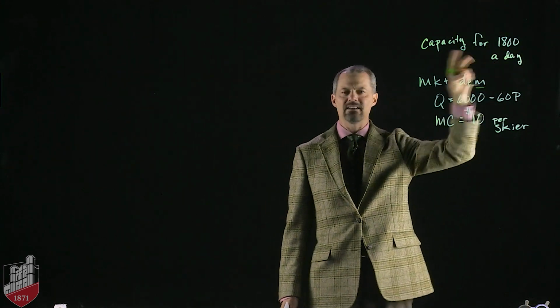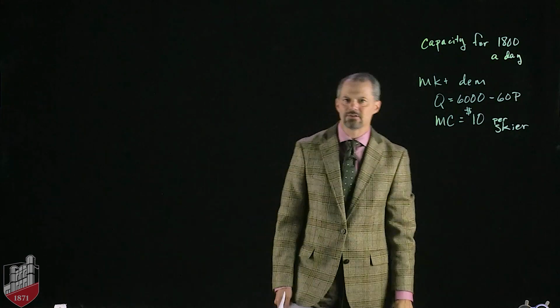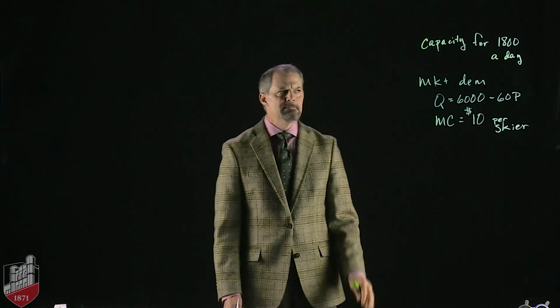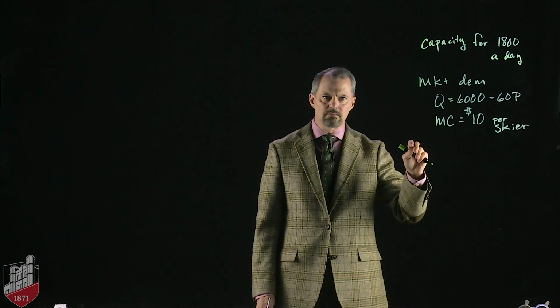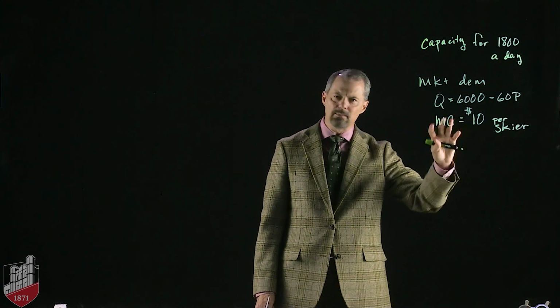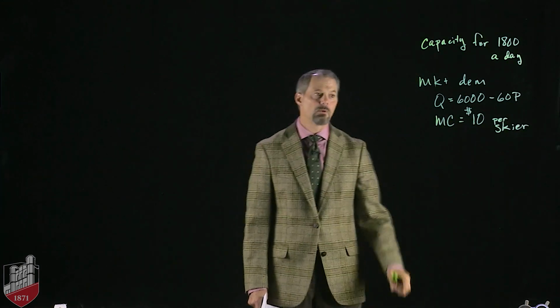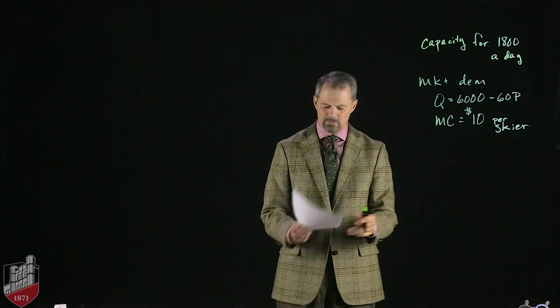Two firms, each can sell to 1,800 customers. That's 3,600 customers they could sell to. So this introduction of a capacity constraint means that the outcome of this game is not going to be the price equal to $10. So we need to think our way through what the outcome is going to be.